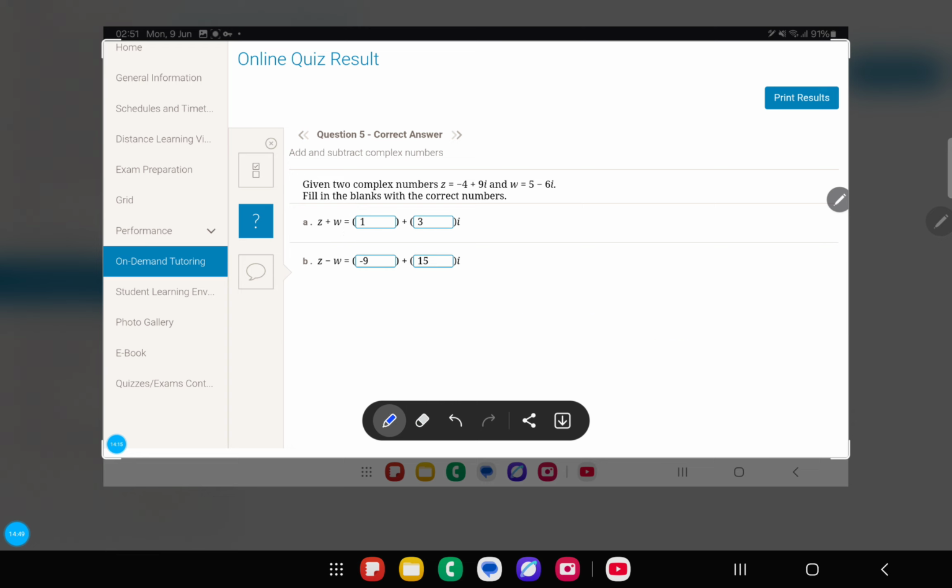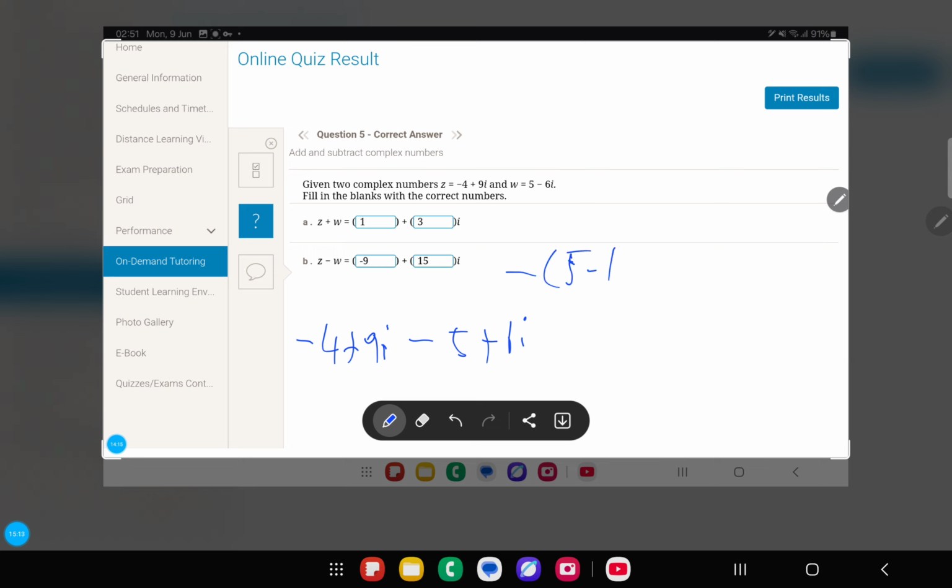Second one, they want the same thing, but instead you have to subtract them. Okay, so just put the same numbers, negative 4 plus 9i minus, don't forget the minus, 5 minus 6i. Okay, right, positive 6i, because the minus acts as a negative, right?